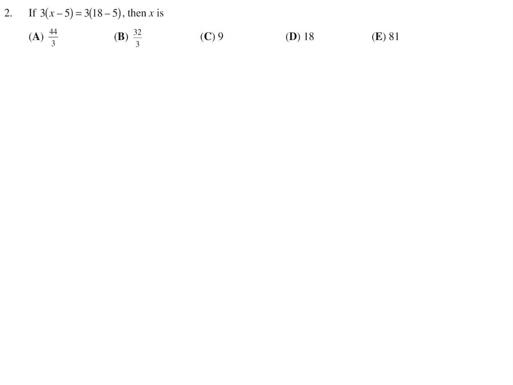If 3 times x minus 5 is equal to 3 times 18 minus 5, then x is. Alright, there's several ways of going about this. You can even do it by inspection. Really quickly you can see what x is, but let's just go with this. The 3's cancel, right?